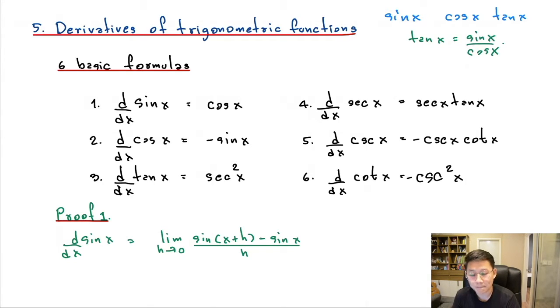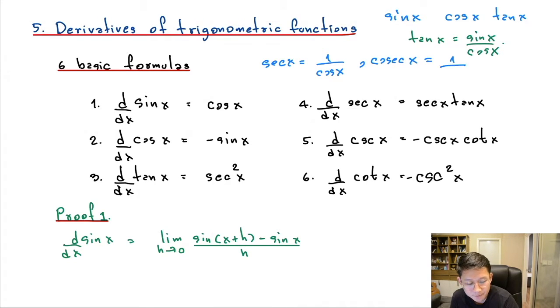We also have sec x, which is 1 over cos x, and cosec x, which is 1 over sine x, and cot x, which is 1 over tan x.